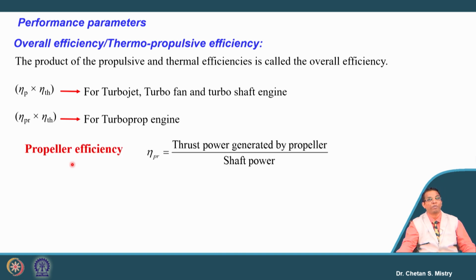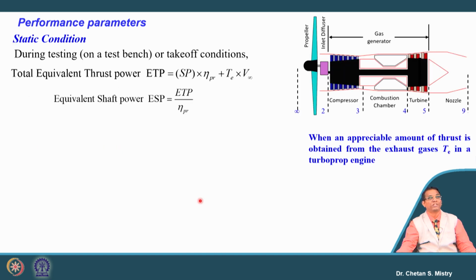Let's look at what we mean by propeller efficiency. As we have discussed, suppose the thrust is generated only by the propeller, then my propeller efficiency is V infinity into T, by the propeller, divided by shaft power. Now let's understand the terminologies. Say this engine is under static condition, or nearly under test bench or takeoff condition. Let me introduce the term equivalent thrust power.